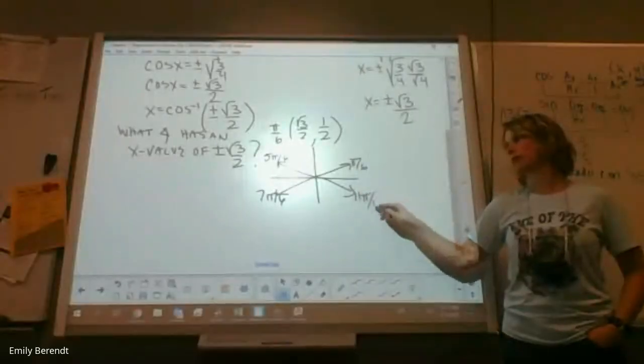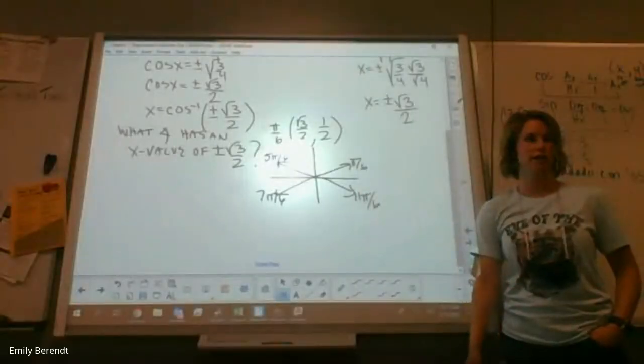So we got pi/6 in quadrant 1. Pi/6, remember 1 less than 6 pi/6, 5 pi/6. 1 more, 7 pi/6. And then 1 less than our full circle, 11 pi/6.